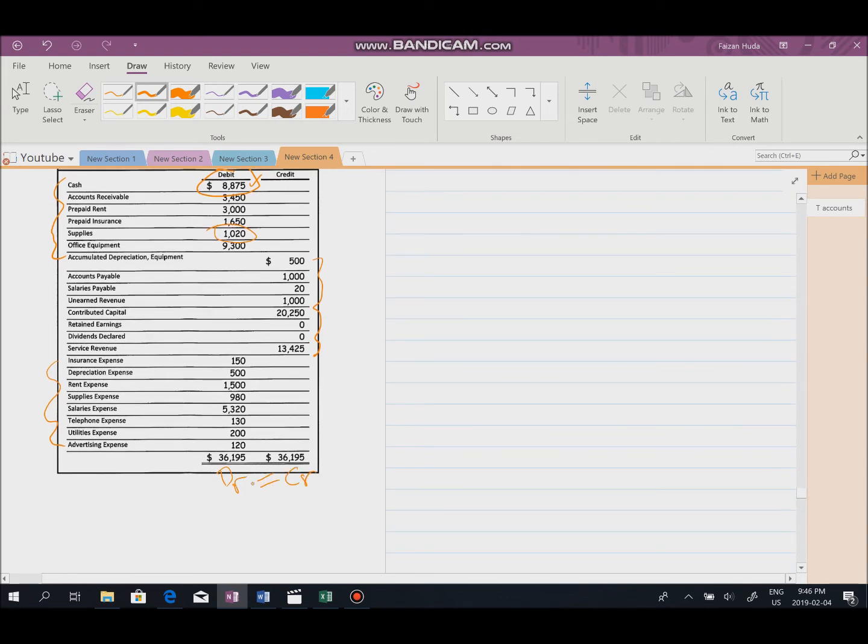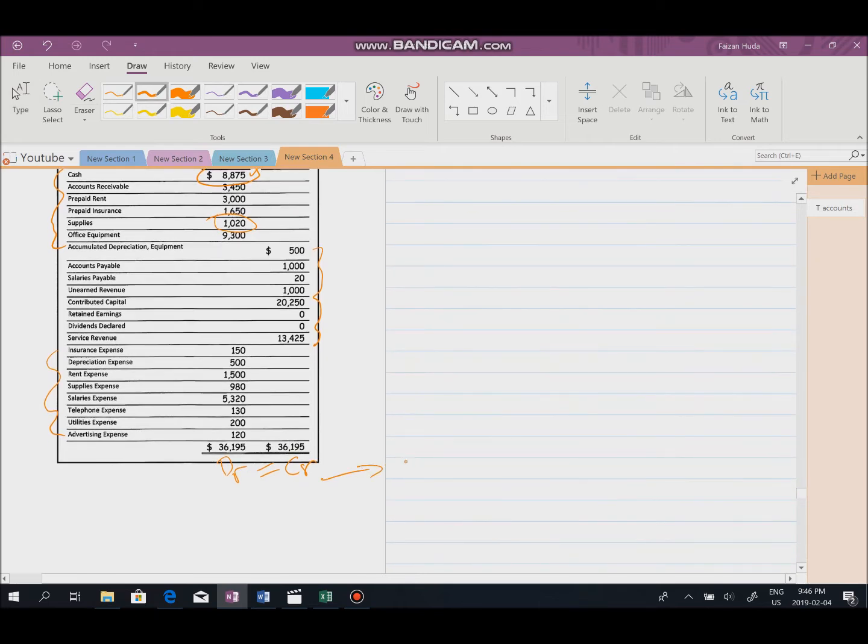If they're not equal, then that means you made a mistake either in your journal entry, your adjusting entry, or while posting balances to your T accounts.